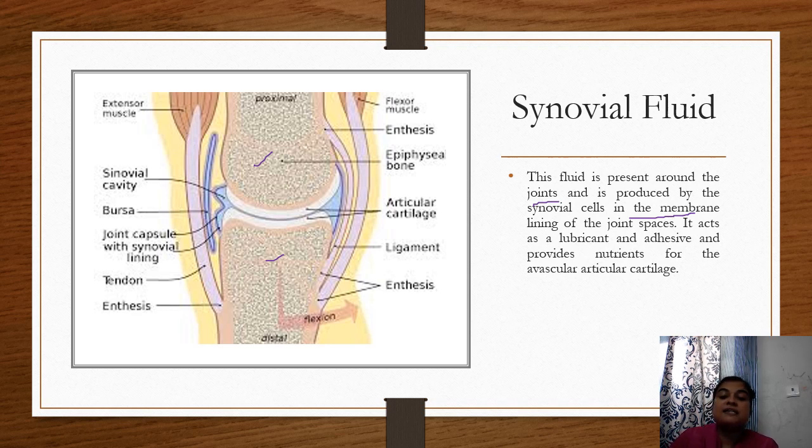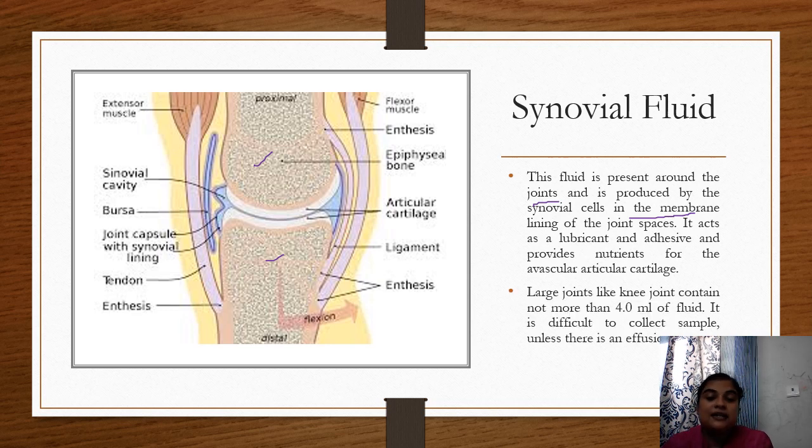Now, the synovial fluid acts as a lubricant and adhesive, and it provides nutrients to the synovial joints, the articular cartilage and the bones. These terminal parts of the bones, the articular cartilage and the synovial joints, are helped by the lubricant. When the synovial fluid is present here, we can move our joints very easily.